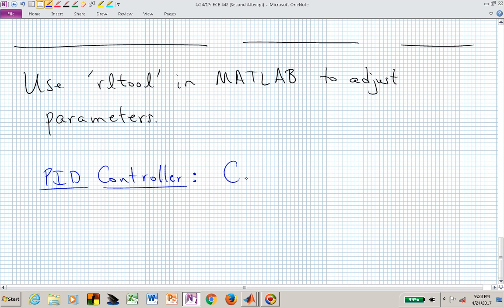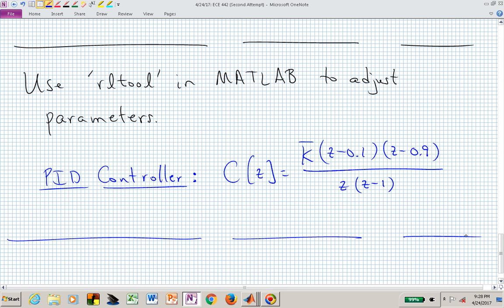But now our PID controller had some gain k bar where we had one of our betas at 0.1, the other beta at 0.9, and if it's a PID controller, we know we have one pole at the origin and the second pole of our PID controller at z equal 1, and that pole at z equal 1 provides us with a way to get zero steady state error due to a constant input.